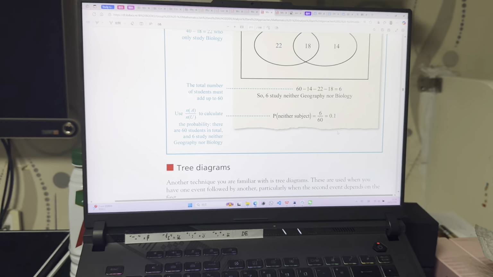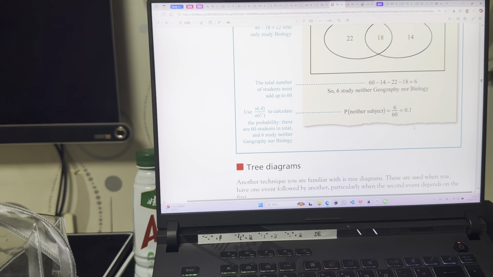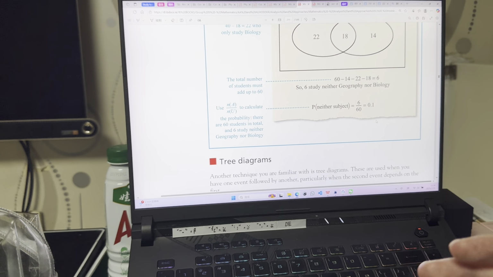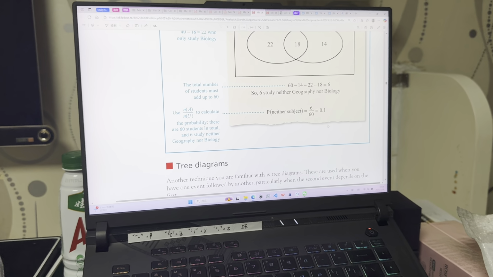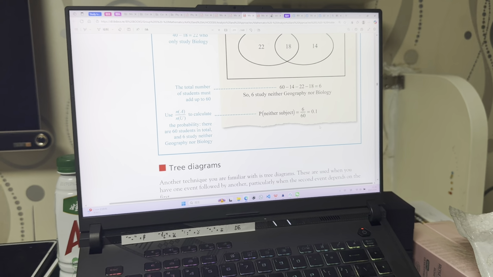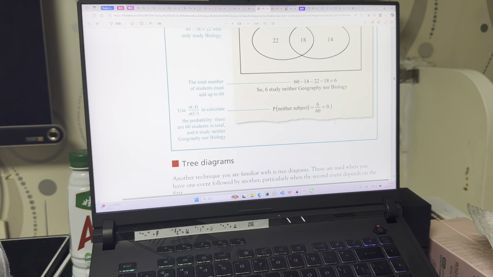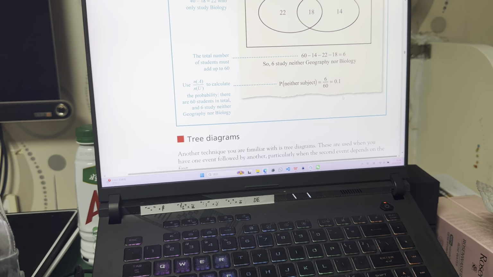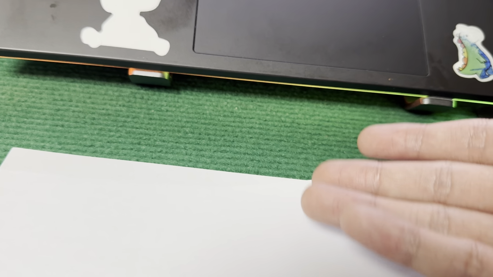Tree diagrams are used for cases like: what is the probability that if I roll a die 3 times, the result is always 6? It means I'm really lucky. So we can draw a graph like this.